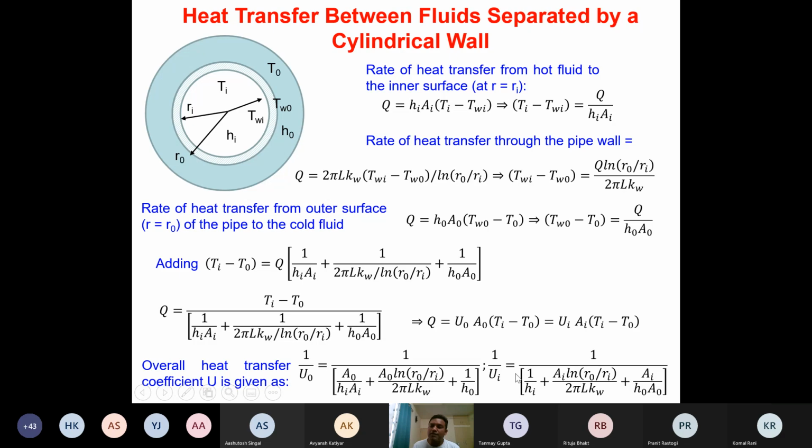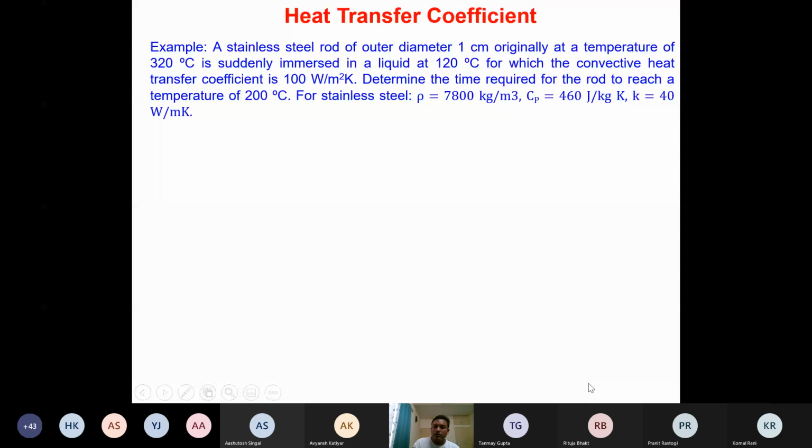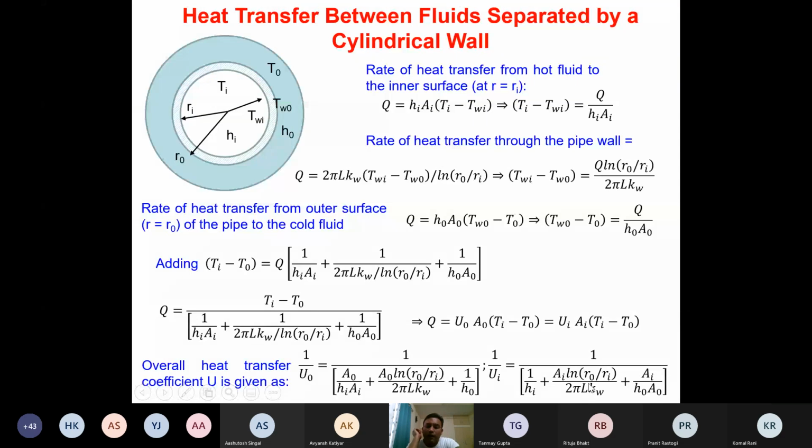Similarly, 1 by Ui is defined as 1 upon the bracket 1 by hi plus Ai ln R naught by Ri divided by 2 pi L Kw plus Ai divided by h naught A naught. These are the overall heat transfer coefficients defined in terms of the inner surface area or the outer surface area. So is it clear to everyone?